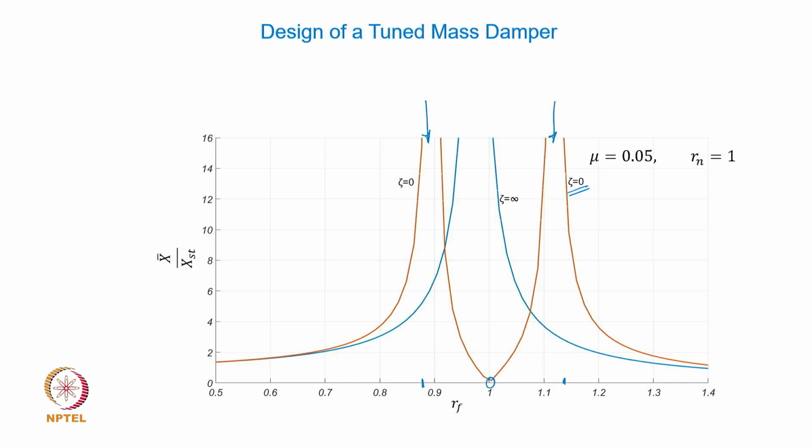So by changing the value of zeta, the character of the response obviously is changing as expected. It is plotted for the same parameters as we have defined earlier.